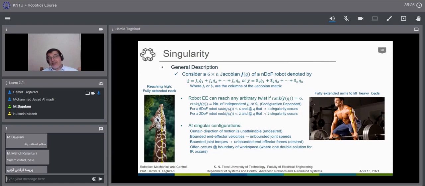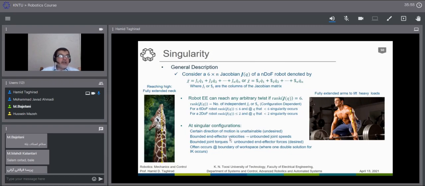Now, what happens at the singular configuration? We discussed in the previous slide that a certain direction of motion is unattainable. The robot cannot reach its goal because in that direction it cannot move. We have a singularity configuration at the boundary. Or, defining it in another way, we need bounded end effector velocities.